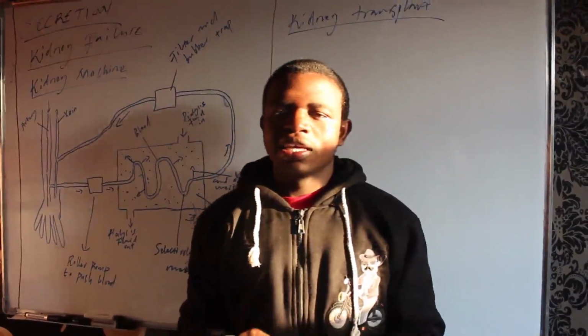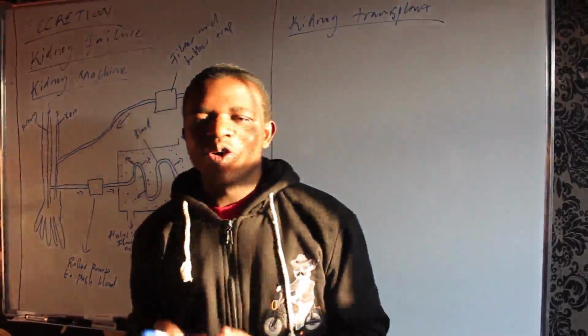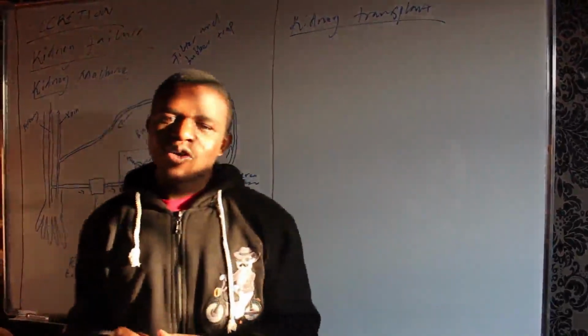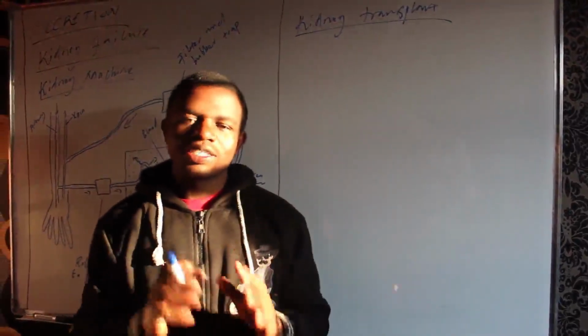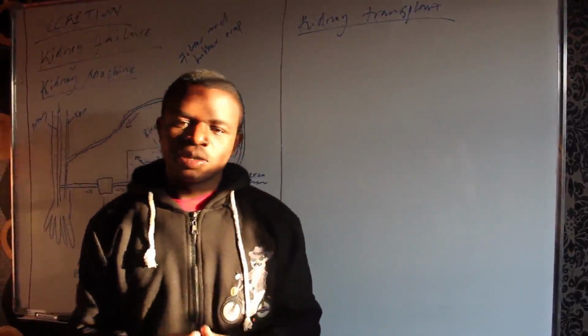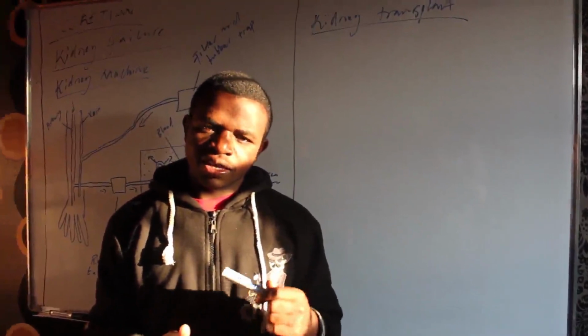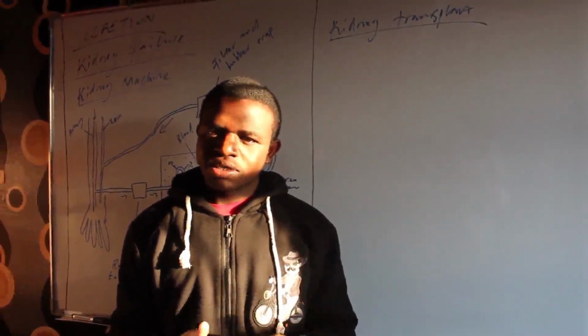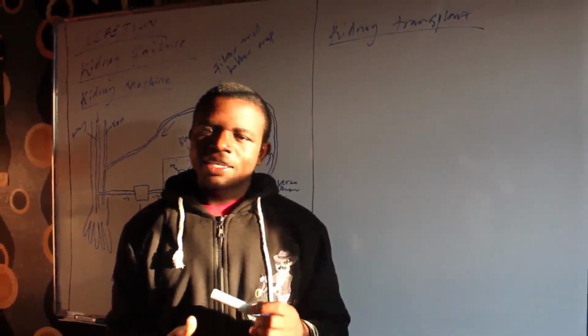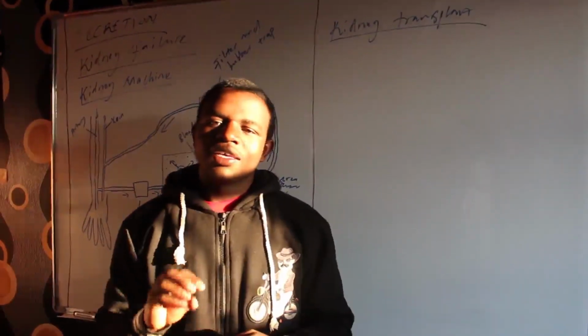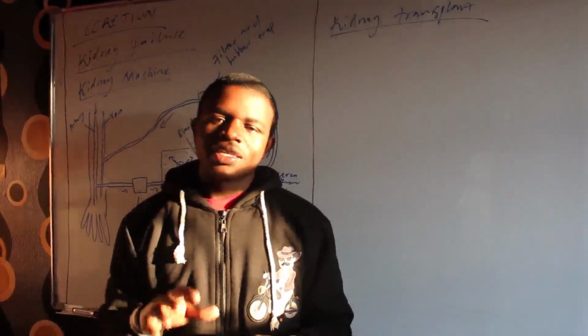So this is the surgical removal of a healthy kidney from the donor to the recipient. And before a kidney transplant, the doctors match the blood groups and the tissues.